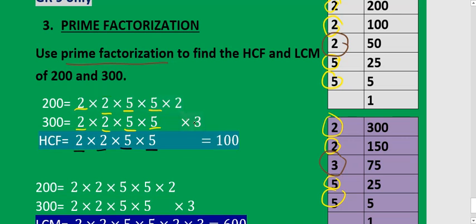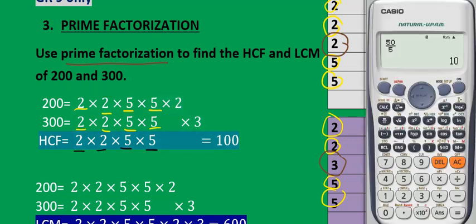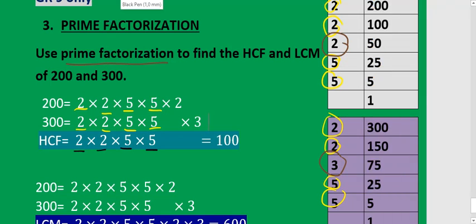Multiplying whatever they've got in common gives us 100. That is how you find your HCF: just multiply only that which they have in common.